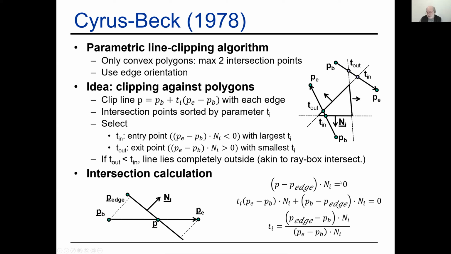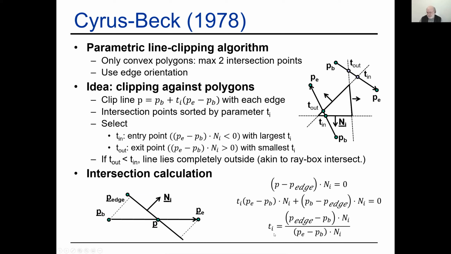Then you're on the edge actually. If that point P here is not on the edge, then obviously that vector has a component in the direction of the normal vector, and so that dot product is not 0. And so in that sense, you can simplify this computation. So essentially, you're projecting everything in the direction of the normal vector.